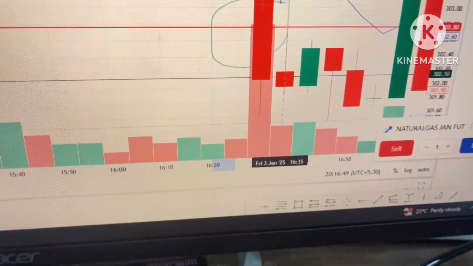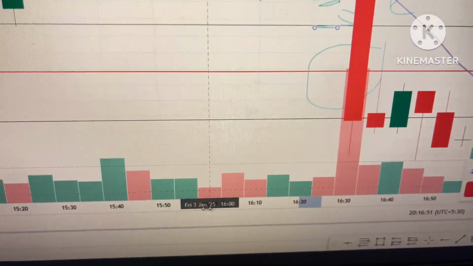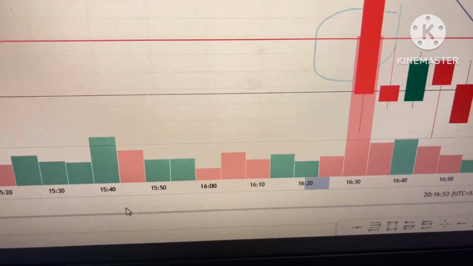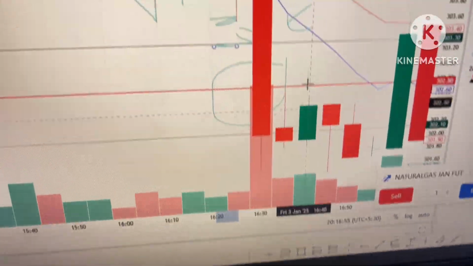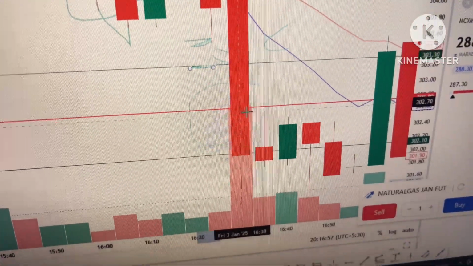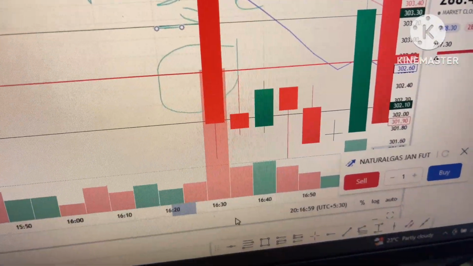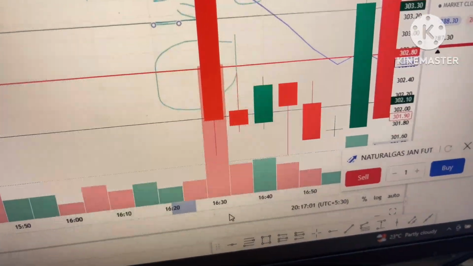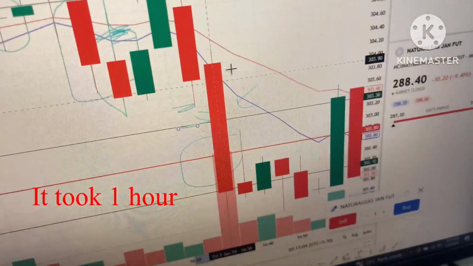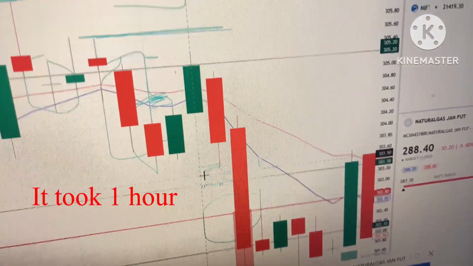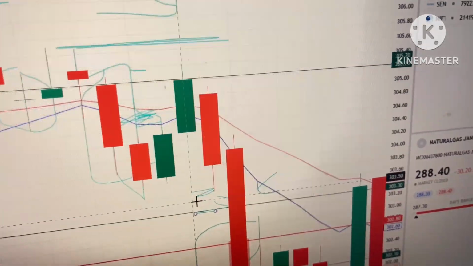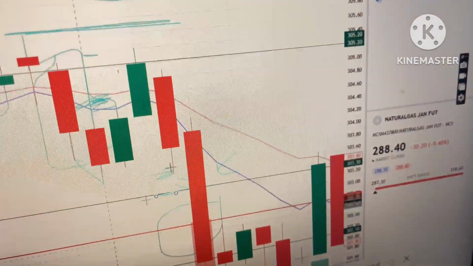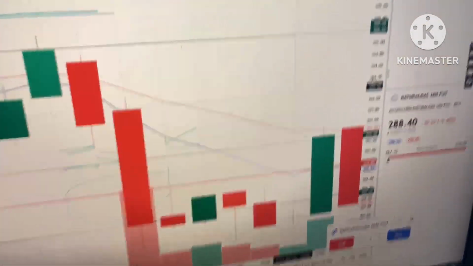Now here if you see this level, this is at 1540, but to come to this level, how long did it take? Sometimes it will take almost a complete day. Okay, so that's why you have to have patience in the market.